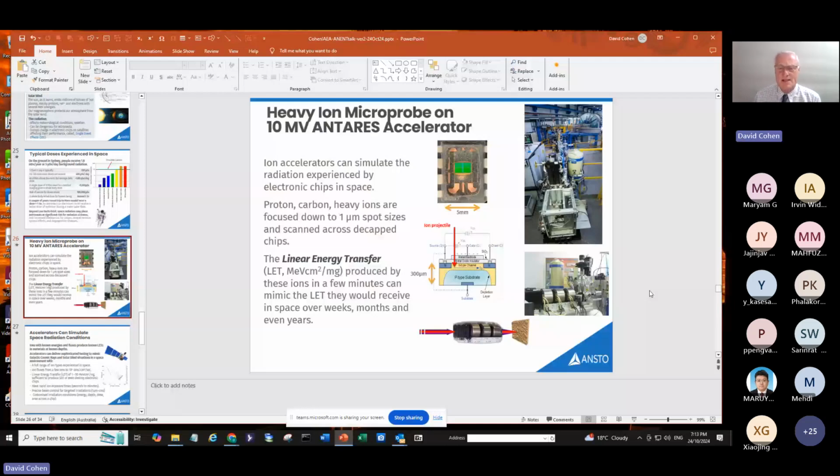Like XRF, X-ray fluorescence, you use an X-ray to excite X-rays. What we do is use our ion beams to excite X-rays. A proton beam goes into the sample several hundred microns, and that excites X-rays which come out of the sample. We then get a picture of the X-rays that are excited.